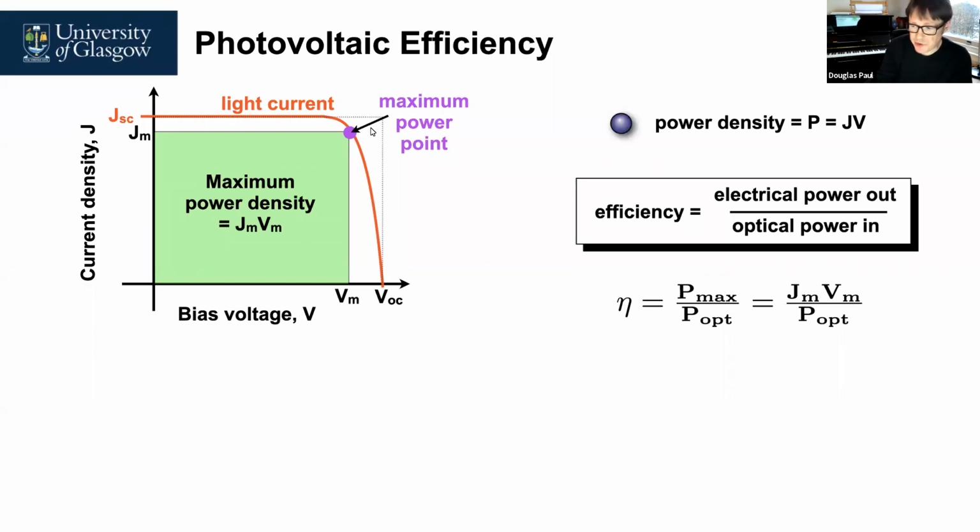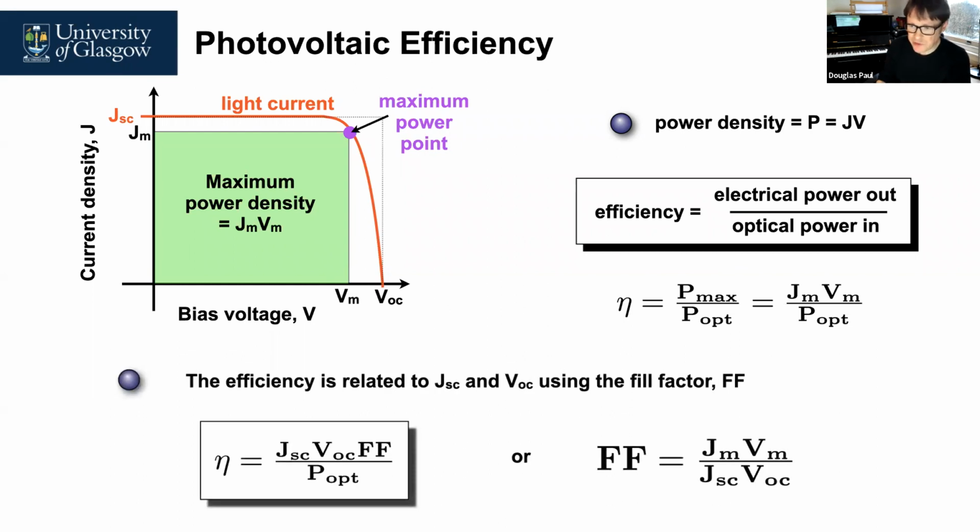That's because of some of the losses in the system: when we apply a load, an impedance match, there's always a little bit of impedance mismatch, some losses. And so the maximum power is at JM for the maximum current density, and VM for the maximum bias voltage we can have for the inbuilt bias of a photovoltaic cell. So our efficiency is JM times VM for this point here, divided by the optical power.